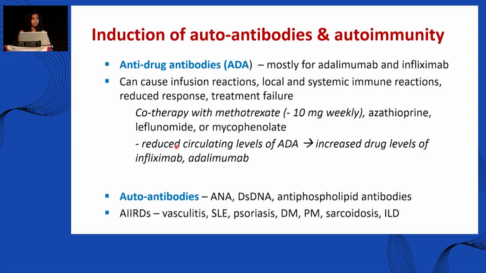And it has been shown that using other conventional DMARDs, particularly methotrexate, you don't need to give a lot, just a small dose, can reduce the formation of these anti-drug antibodies. And the other problem is that it has a potential to induce autoimmunity by itself. So we can get a drug-induced, particularly lupus, with TNF inhibitors.